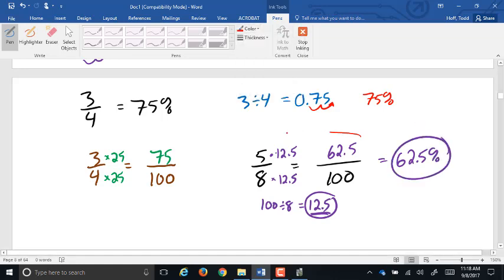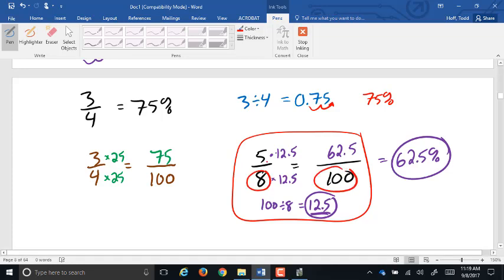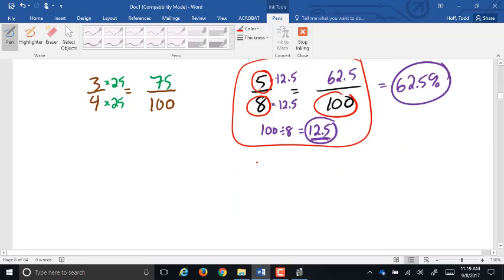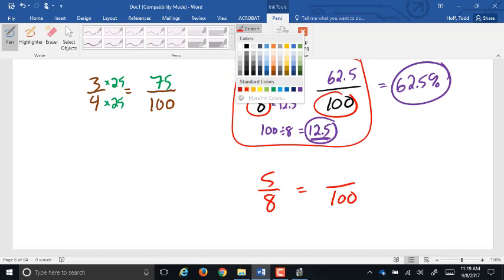What I just did here happens often enough that they've created a shortcut for it. What we did was we took the 100 here, divided by the 8, then we multiplied the 5 by it. The shortcut they've come up with, they call it cross multiply and divide.